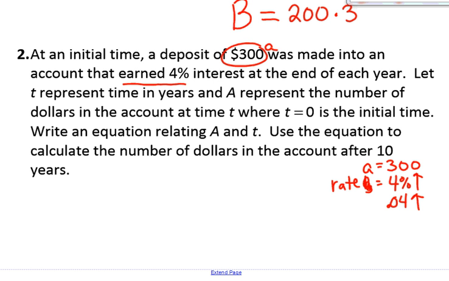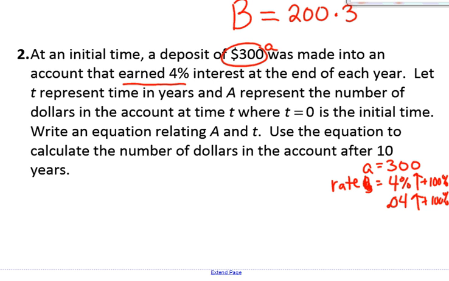So if I have a 4% increase, what that means is I'm adding that increase on to 100%. Because if I'm earning interest, I'm getting 100% of my money back plus 4%. So my number needs to be bigger. If I use 0.04 as my rate, I'm only getting 4% of my money back, and I'm not getting the original 300.